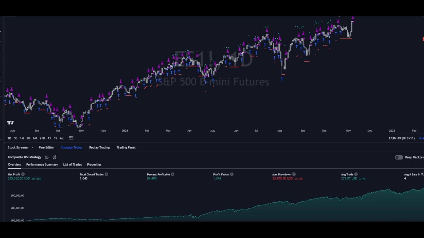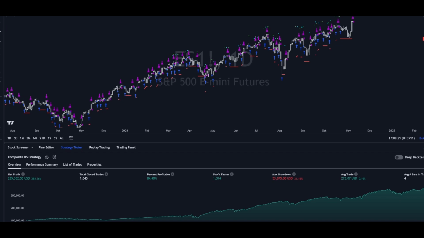Next we move on to the Composite RSI strategy, and this one has a net profit of $285,000, and it's quite a frequent trader at 1,045 trades. That means we're getting a trade out of this strategy roughly every 6.5 trading days. We've got a really good win rate here, just under 84.5%.